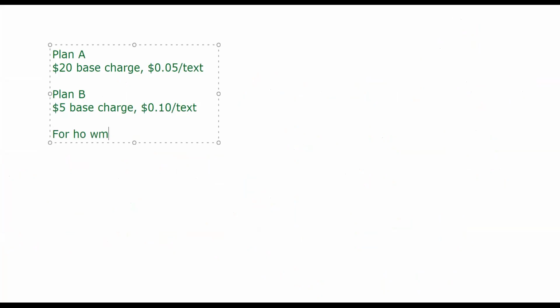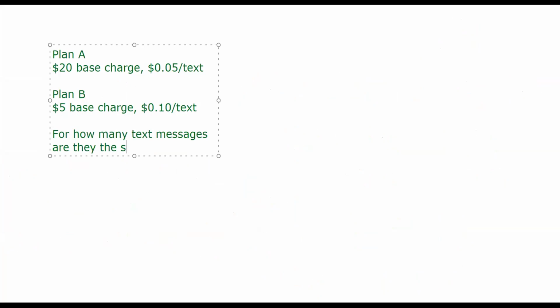For how many text messages are they the same cost to you, the consumer? Basically, if you send so many text messages, how long till you're tied? So it says for how many text messages. So it wants to know that number of text messages.